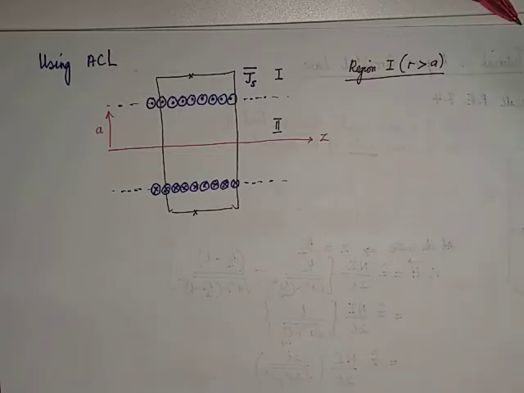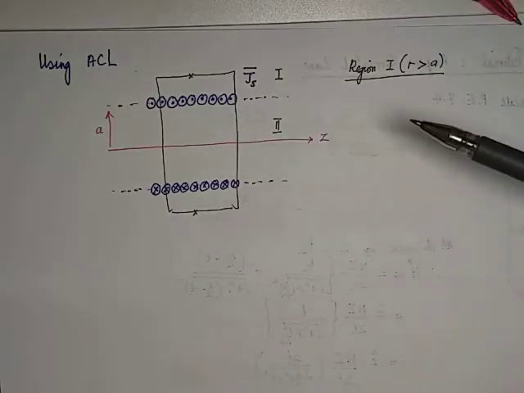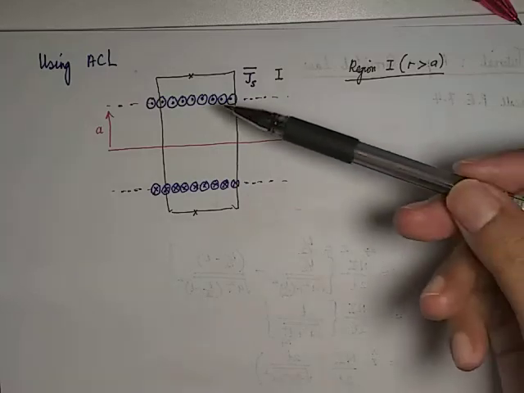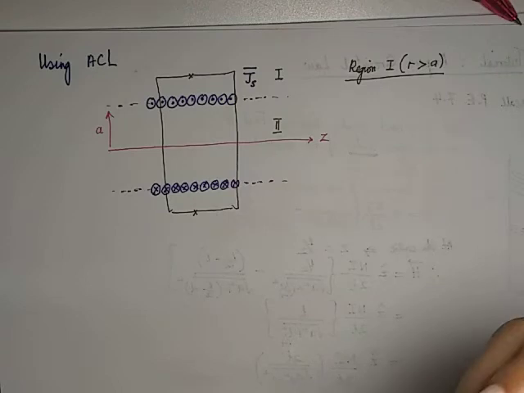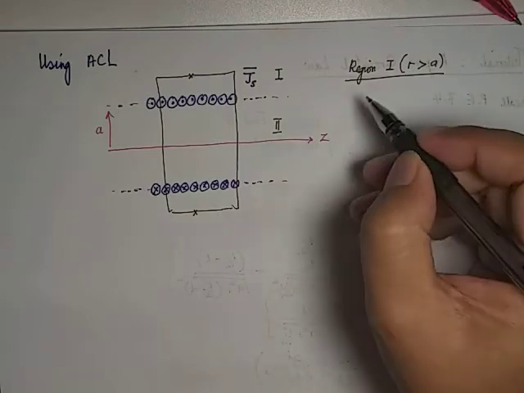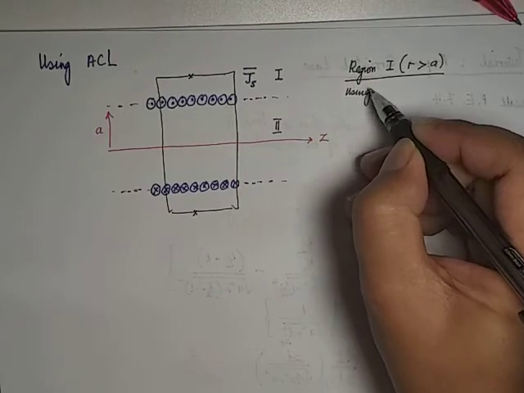Remember the ACL steps: first, the coordinate, we've done that. Second, the region of interest, we are doing that now. Third, draw the Ampere loop, we have done that. And then the next step is to solve the mathematics using the ACL equation.